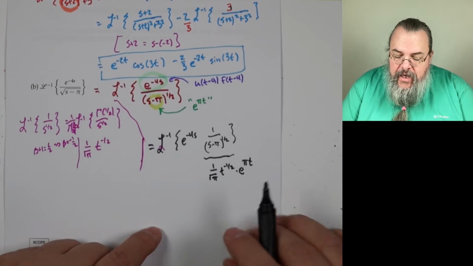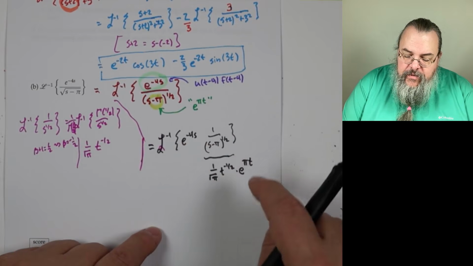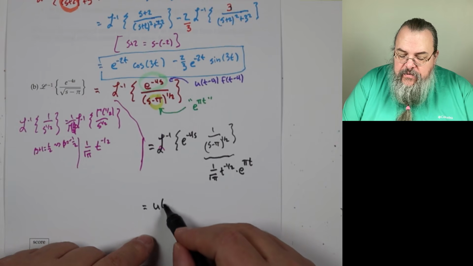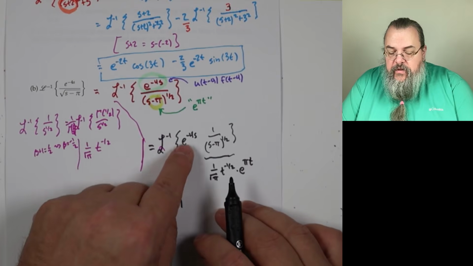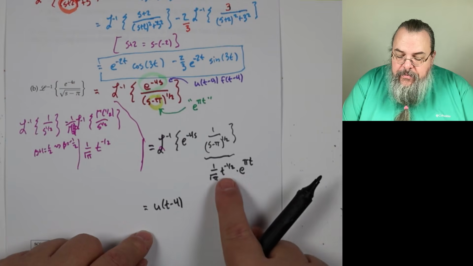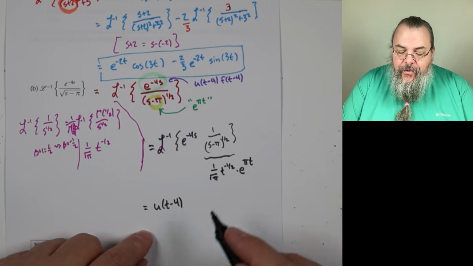Okay, so that's the inverse Laplace of just this piece. And now that we have that, we need to incorporate this last part. So that makes it u of t minus 4, because it's minus 4s, so t minus 4. And everywhere where you currently see a t, put a t minus 4.